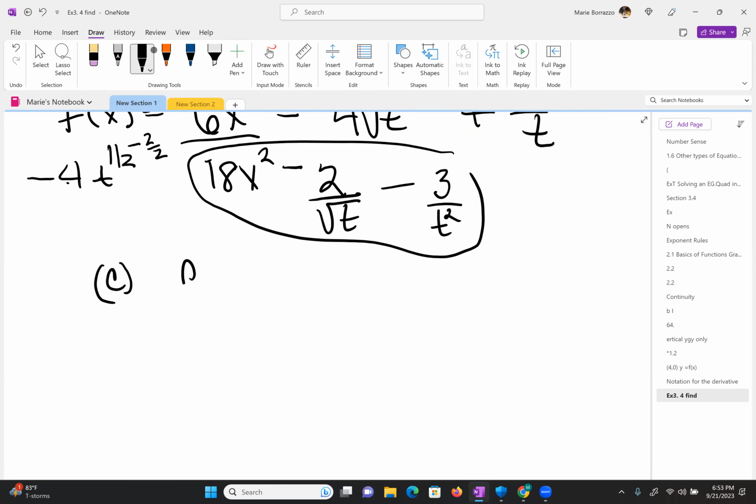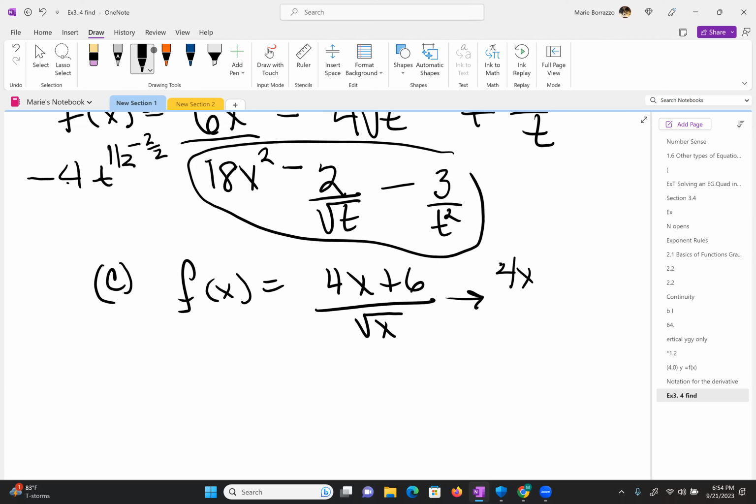In example C, I have some f of x, and I'm telling you that this is equal to 4x plus 6 over the square root of x. Before you panic, I want you to see this. Basically, I have two fractions: 4x over square root of x, plus 6 over square root of x.